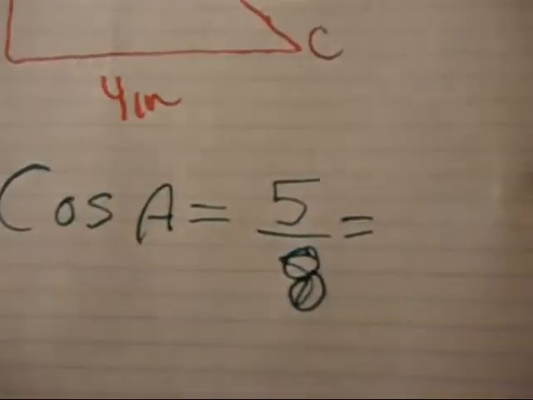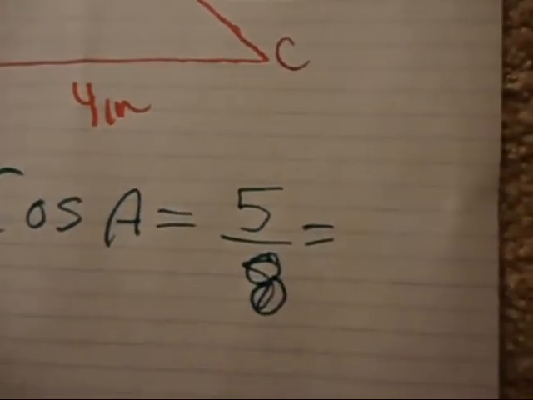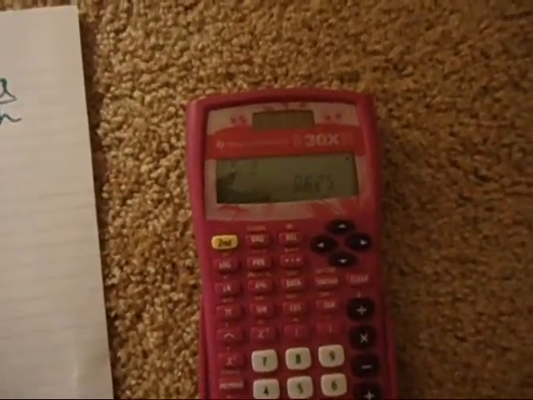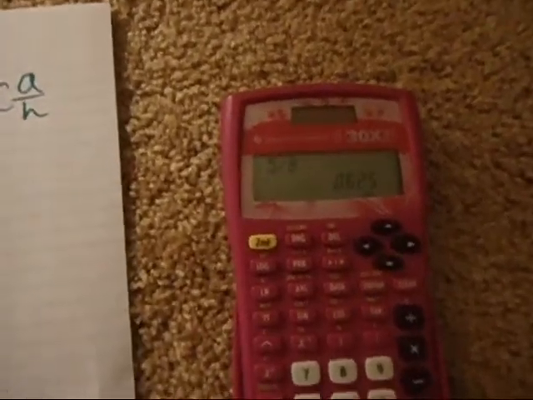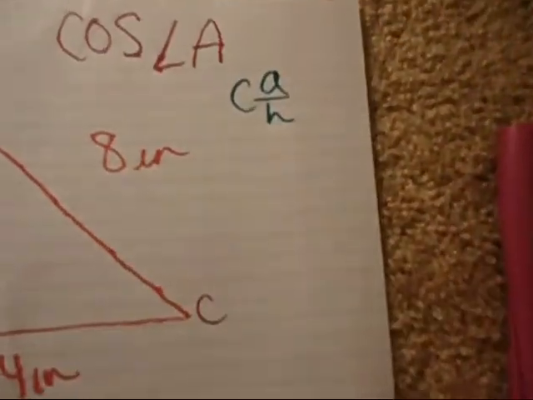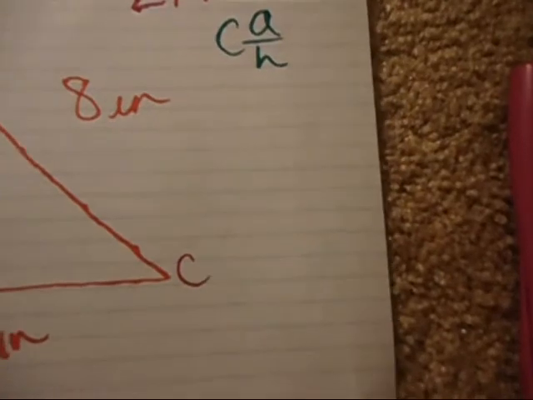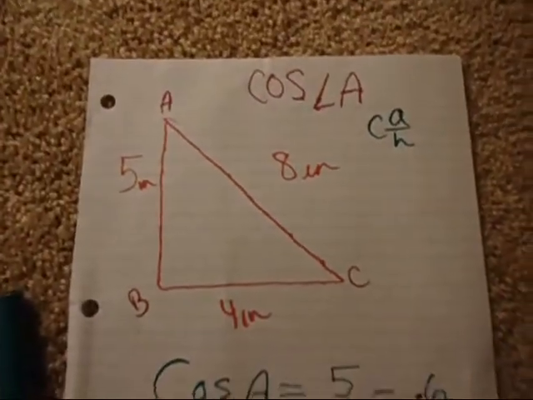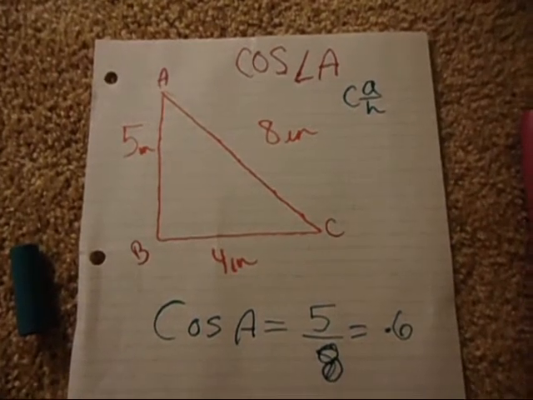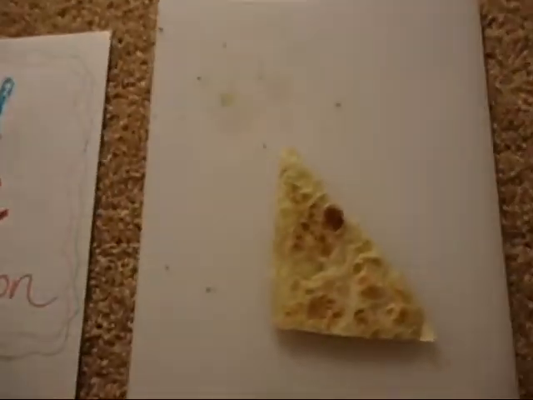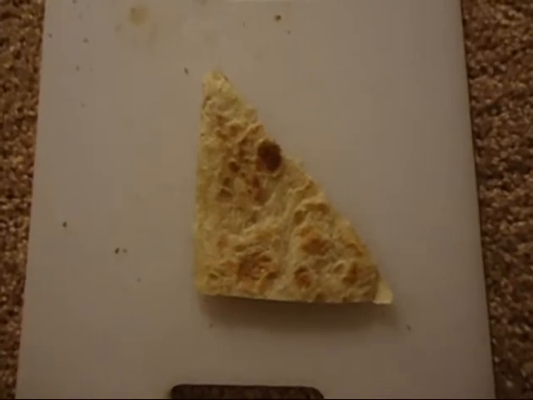We're going to write 5 divided by 8. It equals 0.625. Now we're going to round it. It is 0.6. The cosine of angle A is 0.6. Did you know that the cosine of your quesadilla was 0.6?